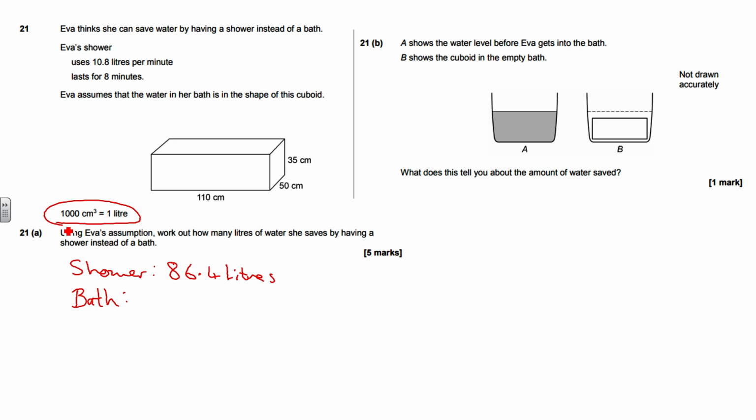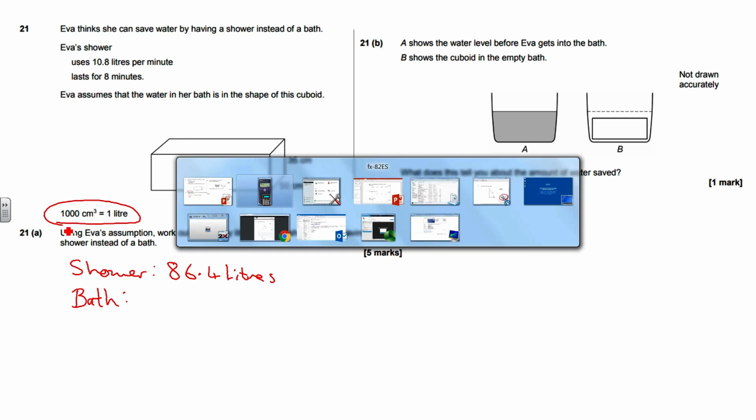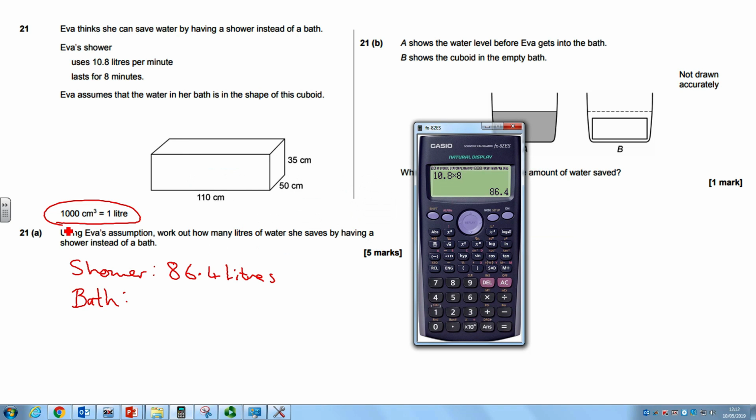So if we can work out the centimetre cubes in the bath, we can use that to work out the litres in the bath. So 110 by 50 by 35, the volume of that cuboid, is how much she assumes is in her bath. Divide this by 1,000, because every 1,000 of those centimetre cubes is worth a litre. And we can see that a bath is 192.5 litres.